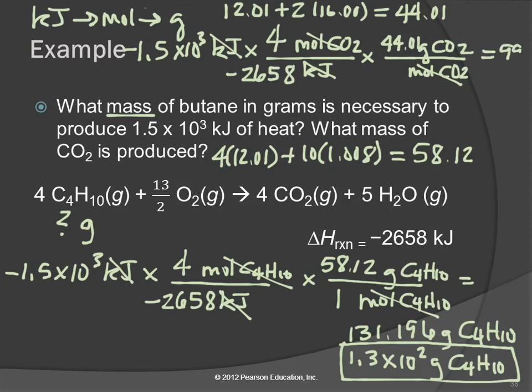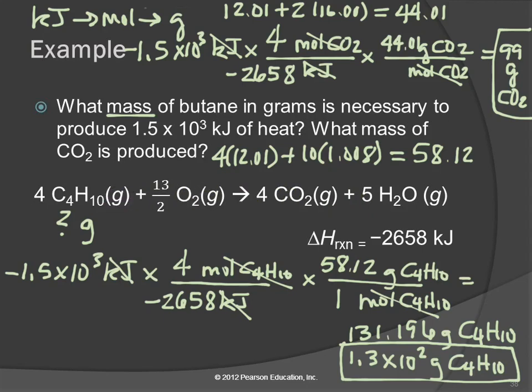That comes out to 99 grams of CO2. You can calculate the amount of energy from any reactant or product. From the energy, you can calculate the moles or the mass of any reactant or product.